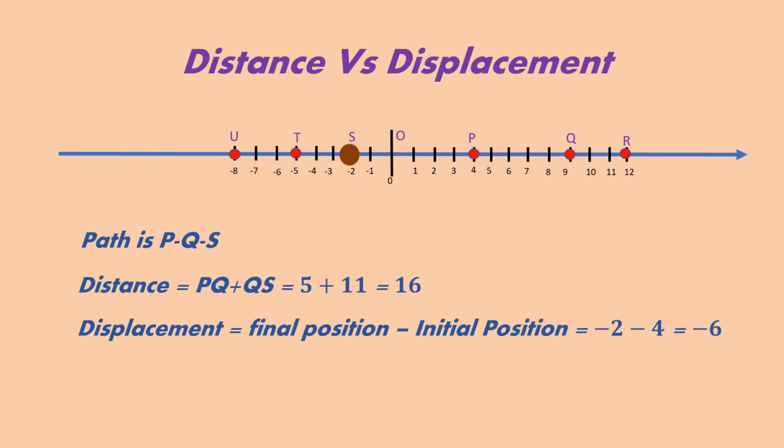So here the -6 indicates that the final position of the object is 6 meters behind the initial position, or the final position is 6 meters in the backward direction with respect to the initial position P. So therefore we can clearly see that the distance is positive and displacement is negative.